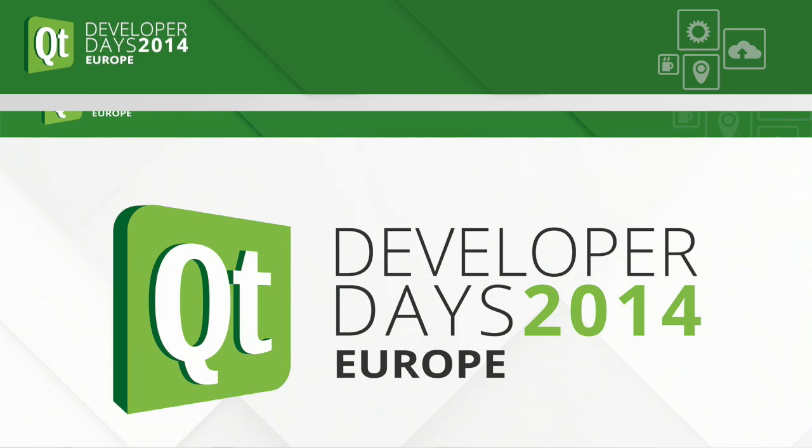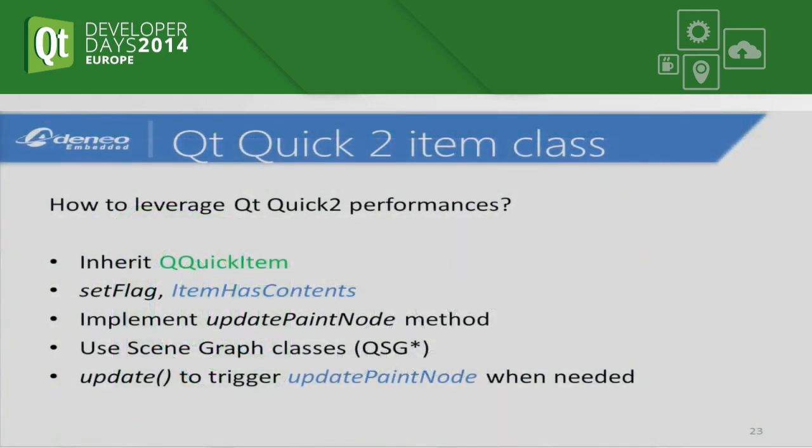When you have your QQuickItem, it's just something empty with no visual appearance. So in updatePaintNode, the first time you enter it, the first time the component is drawn, or when it is redrawn after being destroyed, you will have to manually create the node that represents your element. For example, if your item is a simple rectangle, but I guess it will not be, you will create a QSGRectangleNode.